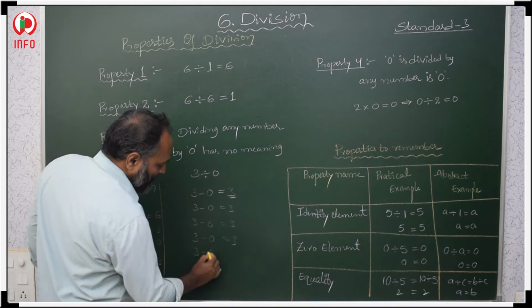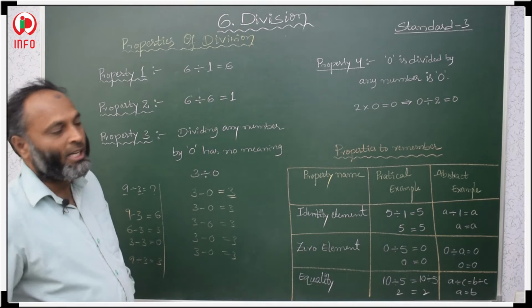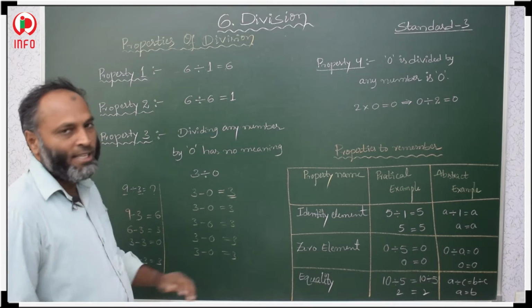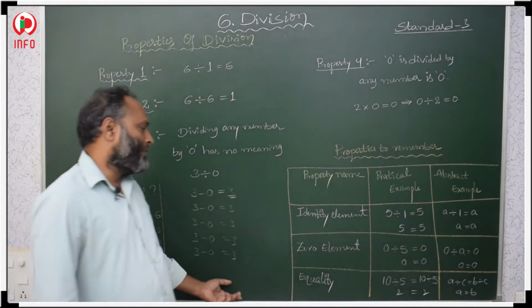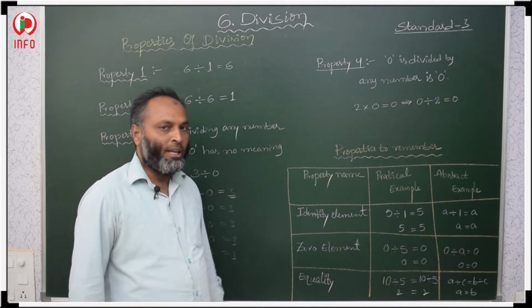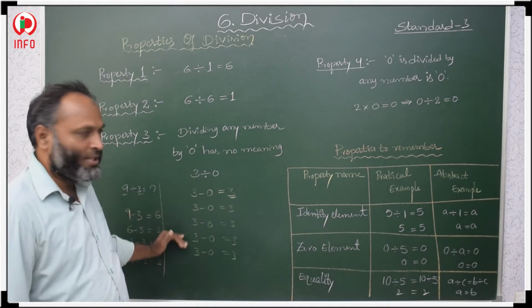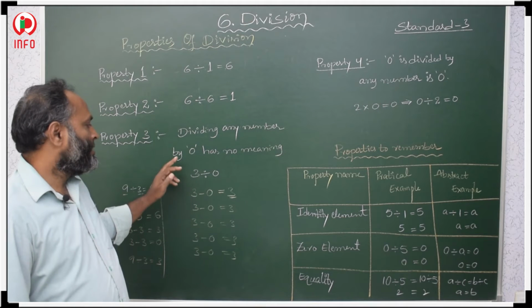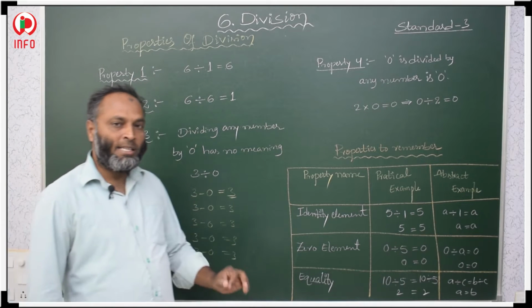Again, remainder minus divisor is 3. You are getting the same thing continuously, so you are not getting 0. If you do it infinite times, you are getting the same answer 3 only. That is why it is meaningless. So, 3 divided by 0 is meaningless.